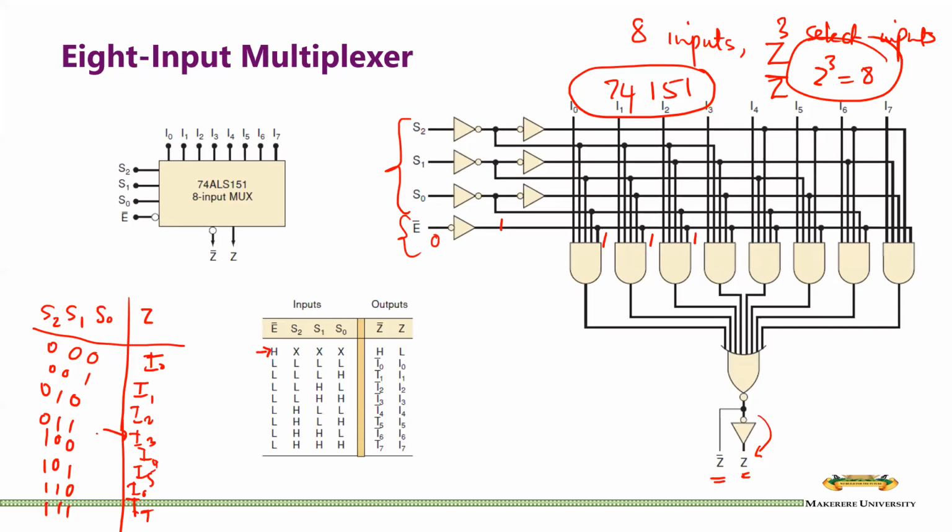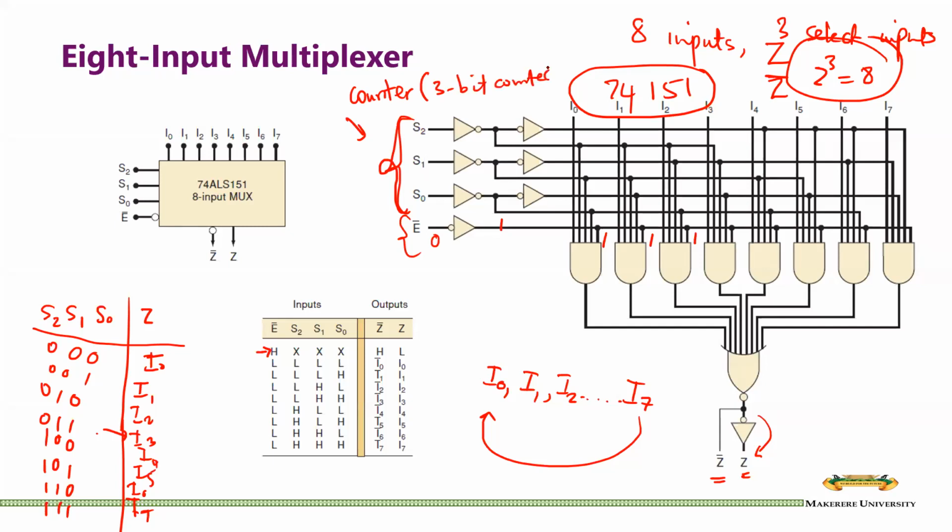Now, if we wanted to do the thing I just spoke about earlier, where we want to put I0, then I1, then I2, all the way to I7, and then we go back to I0, I1, in a round robin, periodical way, then instead we can connect a 3-bit counter, because we know that a 3-bit counter will count from 000 to 111.